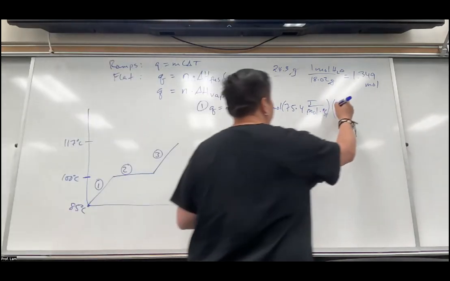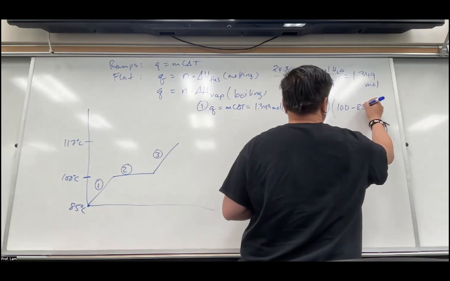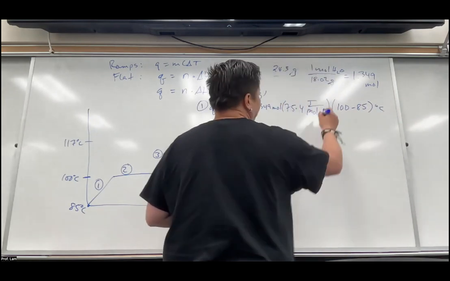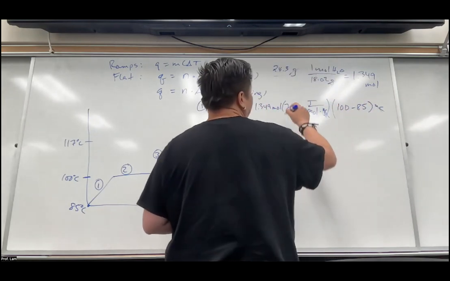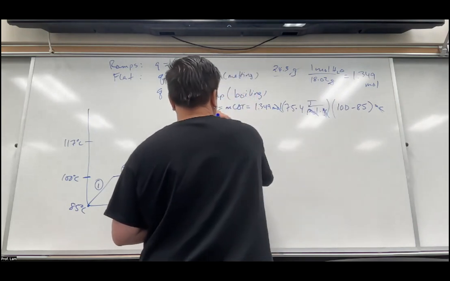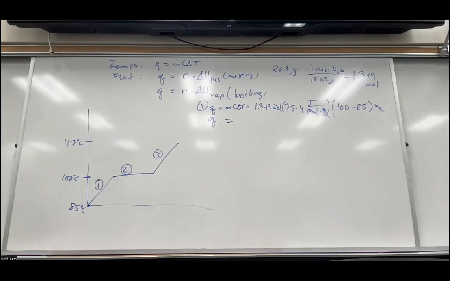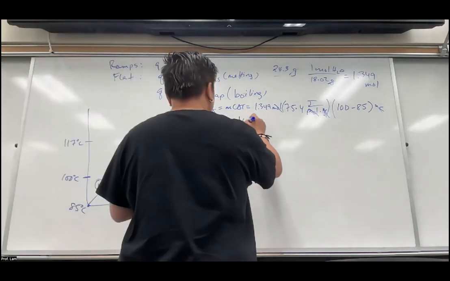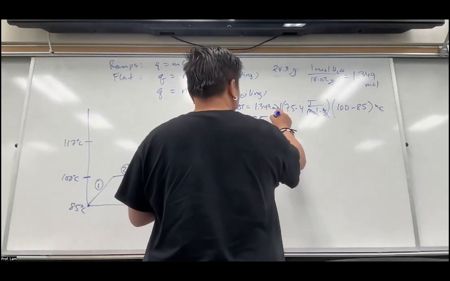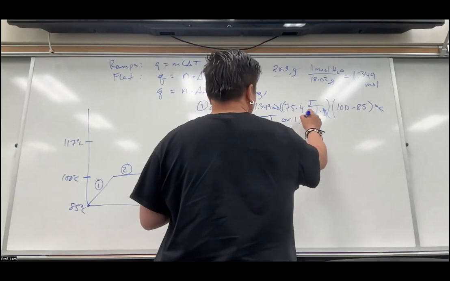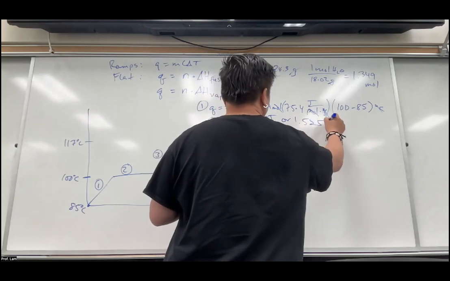So 100 minus 85 degrees Celsius. So degrees Celsius will cancel and I get just joules. So Q1 is gonna be 1525 joules or 1.525 kilojoules.